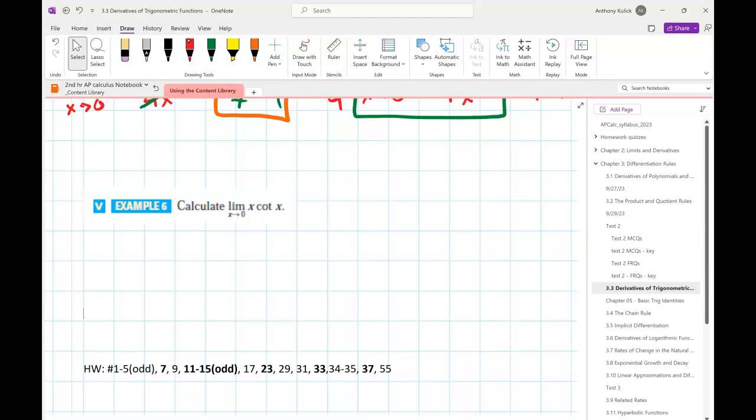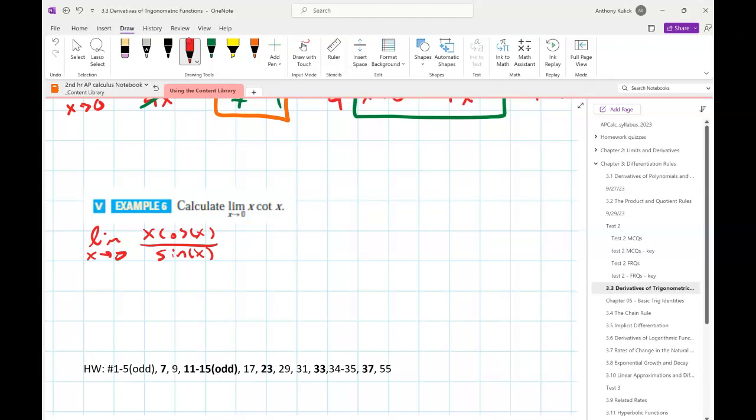What are we going to do with this thing? That is a really good question, Emma says. x cotangent x. Great. So Rita's suggesting cotangent is just cosine over sine.